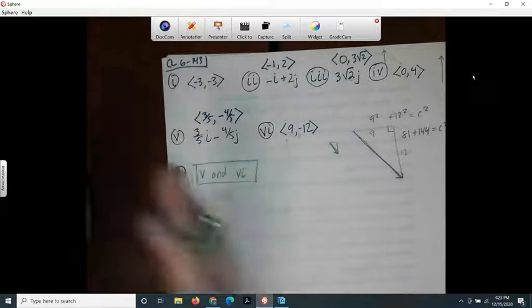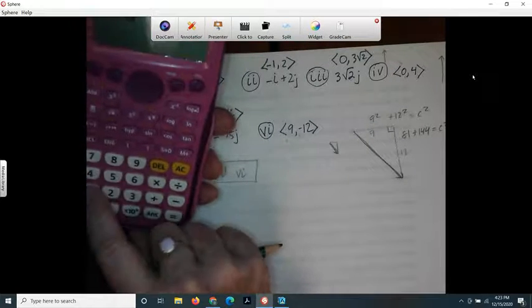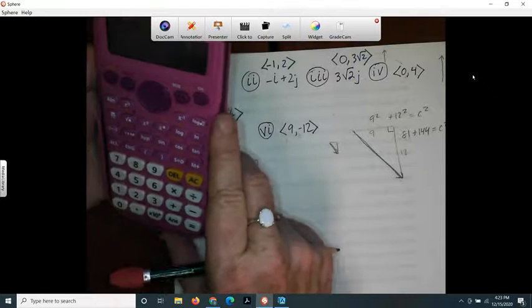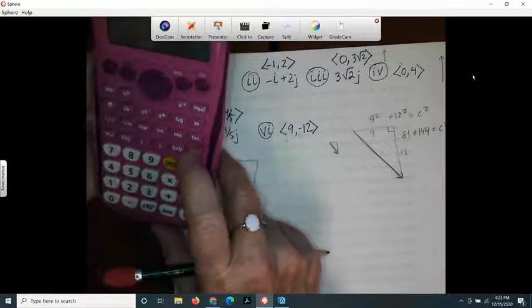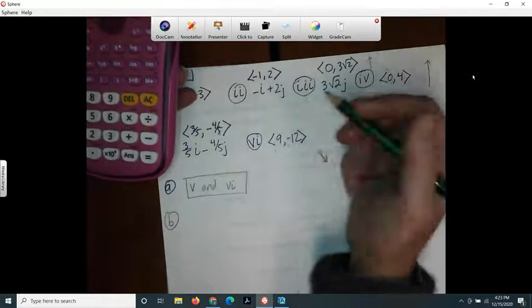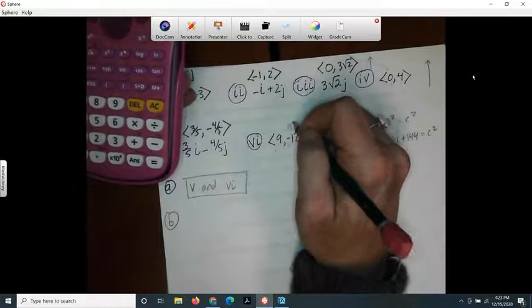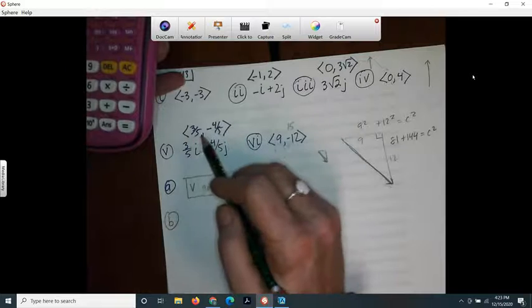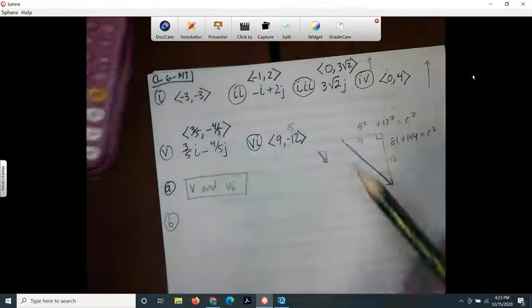So better get out our calculators. 225, of course. I think it's going to be 15, right? Square root, yes. So the magnitude is 15. I'm going to write the magnitude real small on these. This one's magnitude, I think, is 1, because I think this is our unit vector.